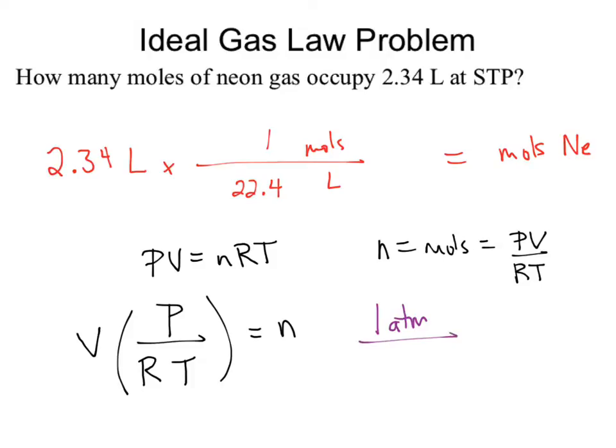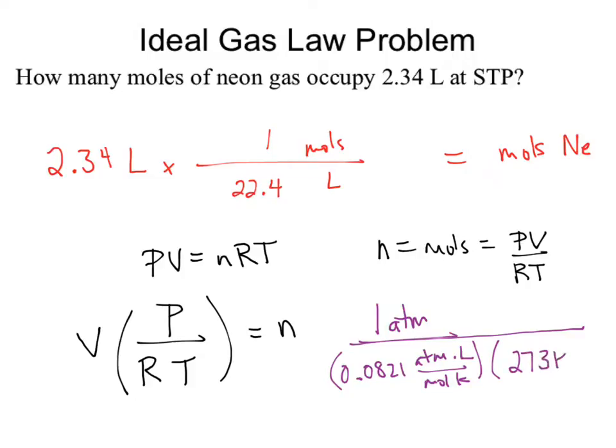What was R? 0.0821. Good. What is our temperature? Our standard temperature is 0 degrees Celsius, but I need Kelvin, so it is 273 Kelvin.